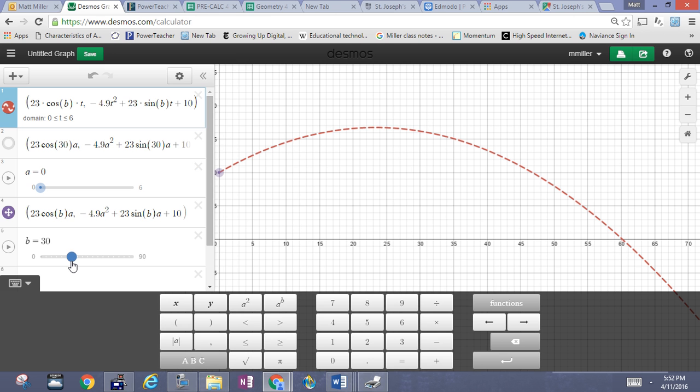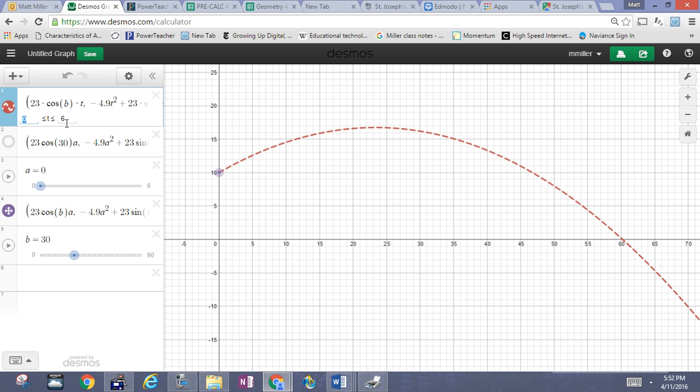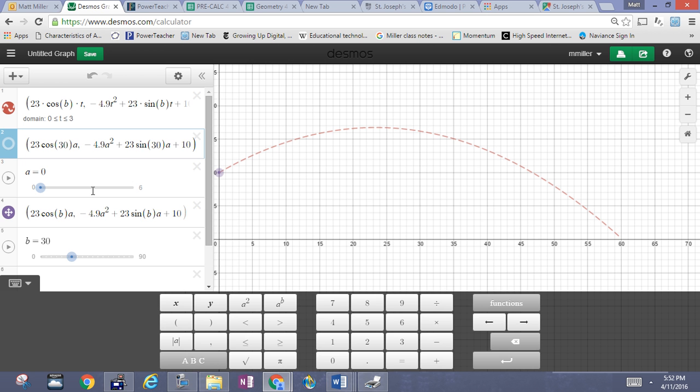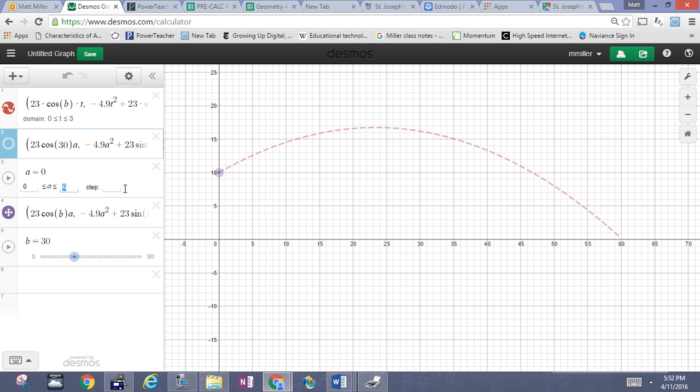At this point, the angle is set to 30 degrees. I've run this a little bit over. I know it stops at 3 seconds. We'll show you the 3 seconds and then show you why I went back to that. So I'm going to put it back to the 3 seconds.